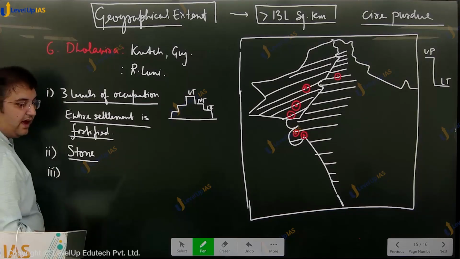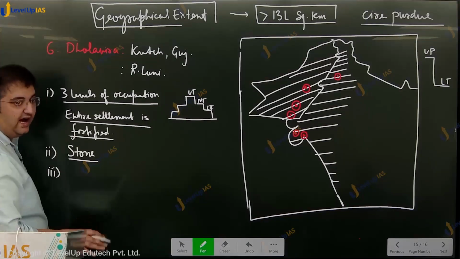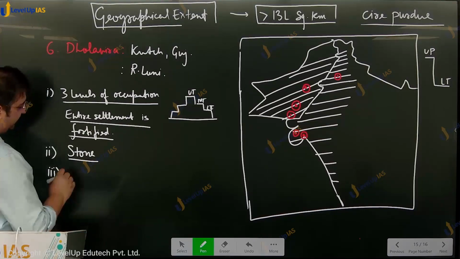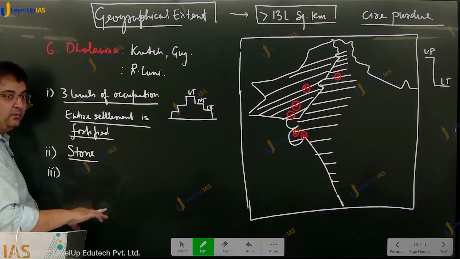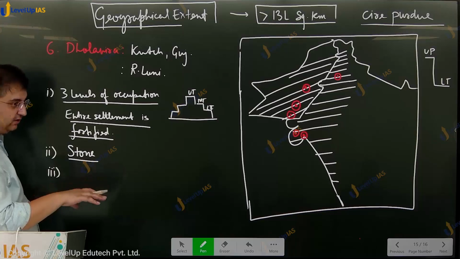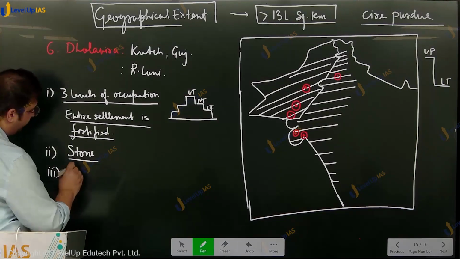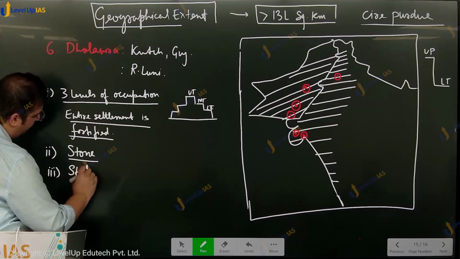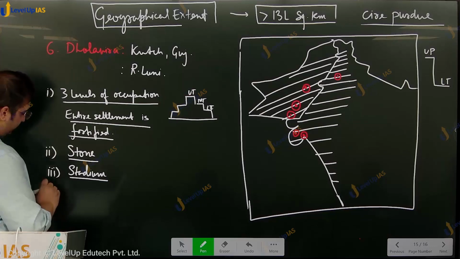Thirdly, at Dholavira, we have a unique monument, the likes of which are not found in any other Harappan site, and that is an arena with an open floor plan with the open space in the middle and seating on the outside, on the outskirts. So this represents a stadium or an arena. Stadium-like structure is present over here.